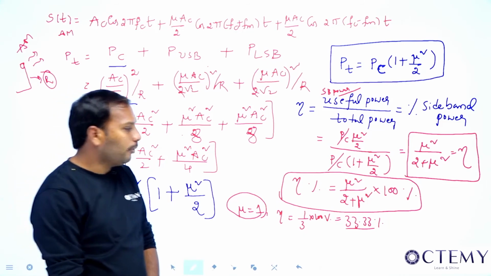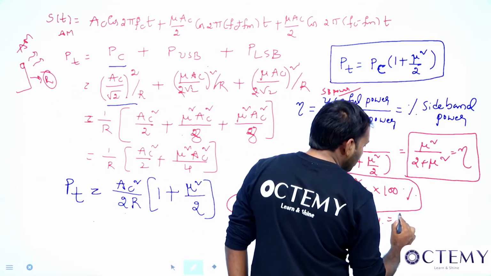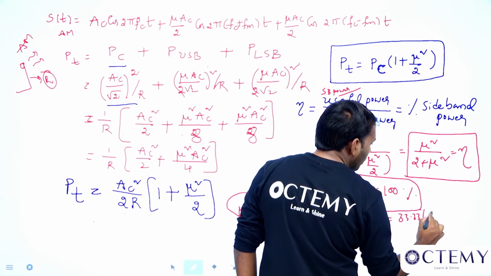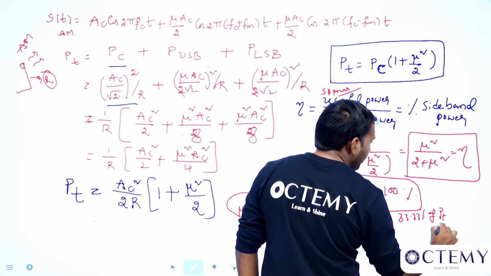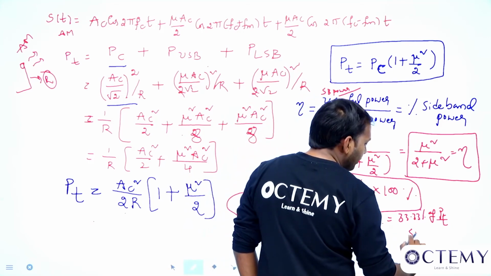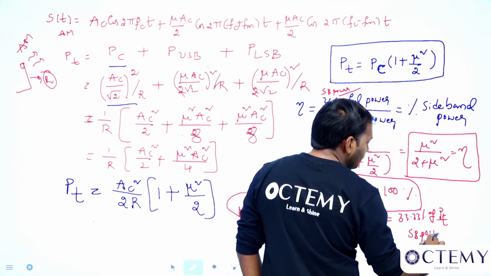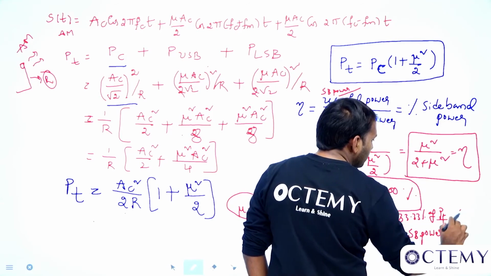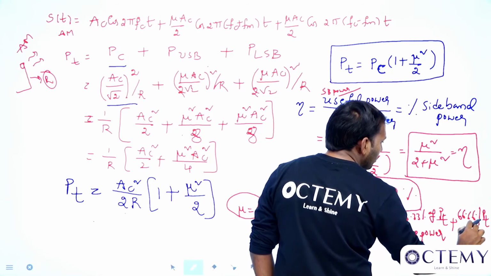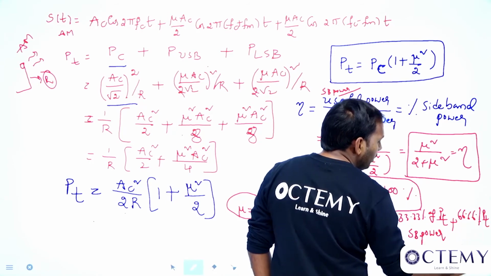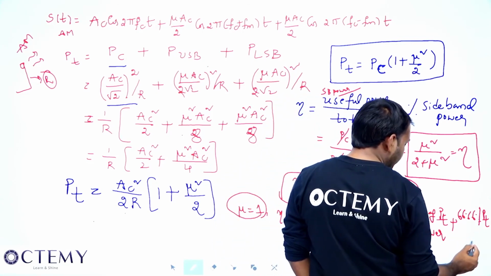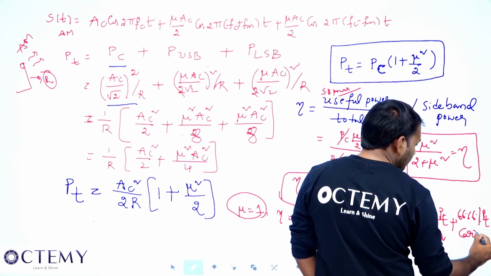The maximum is only 33.33%, meaning 33.33% of PT, not PC, PT. Total power is the sideband power plus 66.66% of PT, and that 66.66% of PT is what you can call the carrier power.